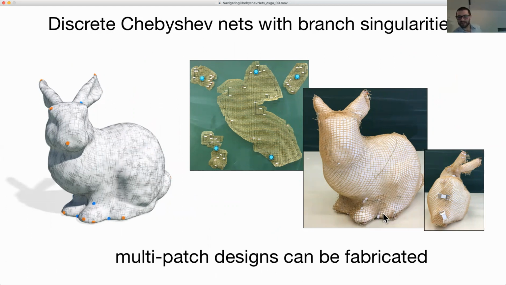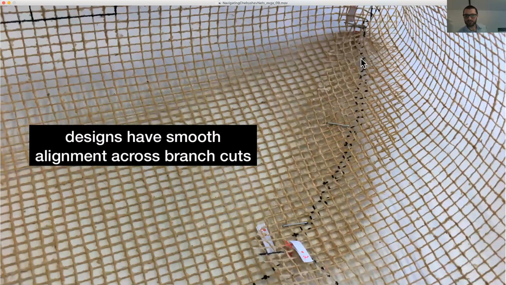And what you can't see, but I'll show you in the next picture, is that away from the singularities, you get alignment of the 2 pieces across these branch cuts. So up here we see a singularity, but then here you can follow the 2 inextensible directions, and they flow smoothly across this branch cut.